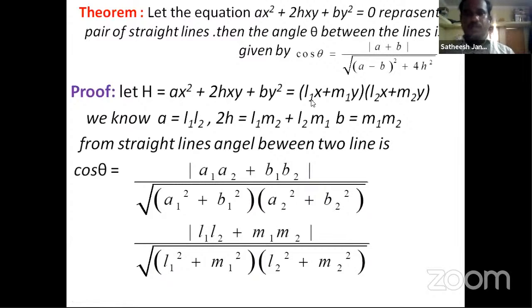Right. In our two equations, what is the a1 value? Where a1 is L1, a2 is L2, b1 is M1 and b2 is M2. Substitute in this formula. A1 means L1, A2 means L2, B1 means M1, B2 means M2, by A1 square means L1 square, B1 square means M1 square, A2 square, that is L2 square, plus B2 square, M2 square.